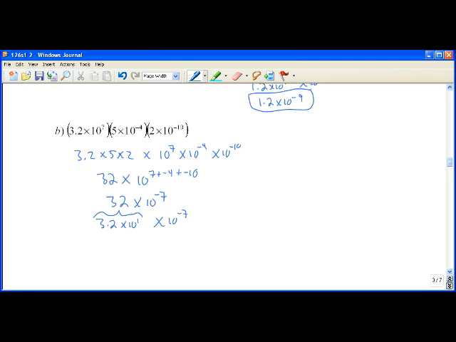We still have that times 10 to the negative 7. 3.2 times 10 to the negative 6 then. Any questions about that? No, I think I got it. Good.